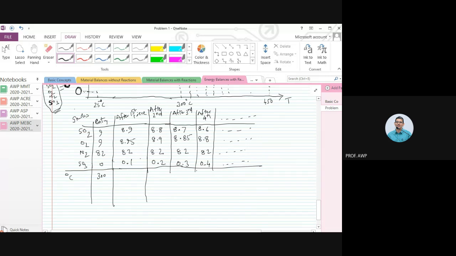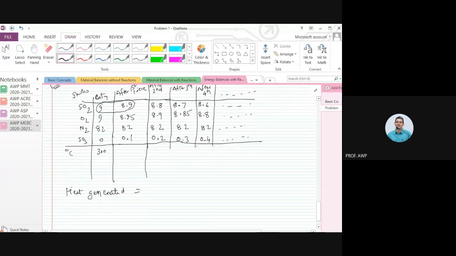Whatever 0.1 gram moles of SO2 that have reacted, how much heat would have been generated? I don't want the value, I just want to know how to calculate. Heat generated by way of exothermic reaction, how much would that be? 0.1 into the heat of reaction.